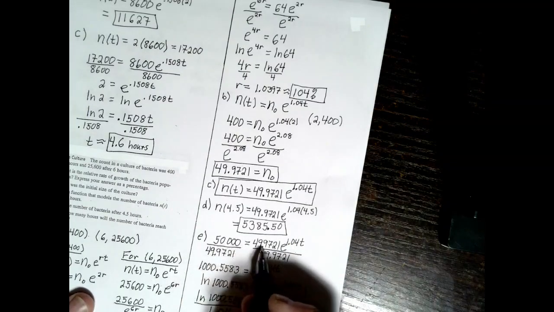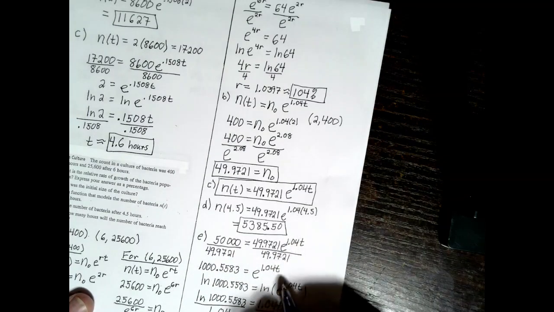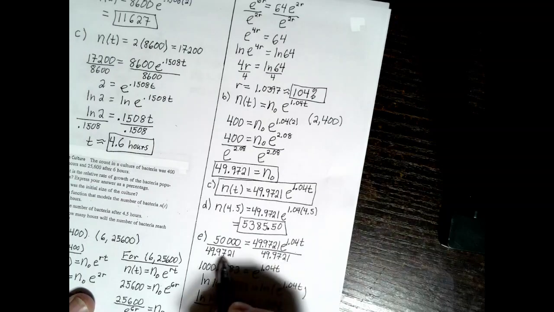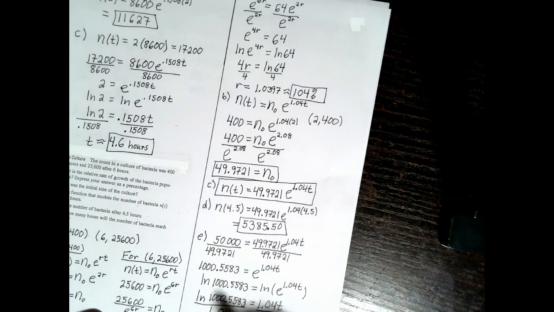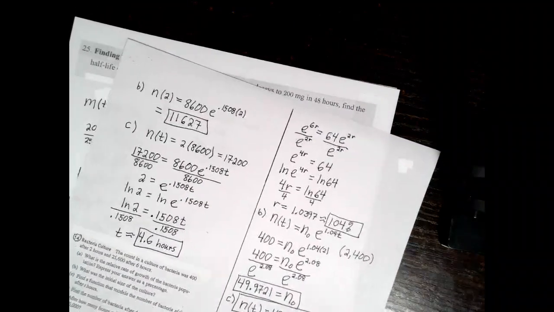Well, 50,000 equals that, and you're solving for t now. You divide by the 49.9, you get this, and then you take the natural log of both sides, and when you take the natural log of e to the exponent, it's just the exponent, and then you divide by 1.04, and you finally get 6.6426 hours for it to reach 50,000.